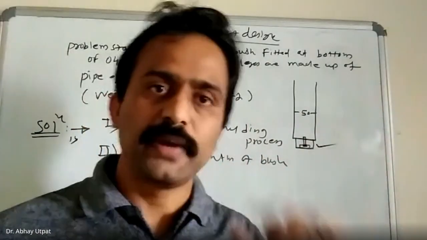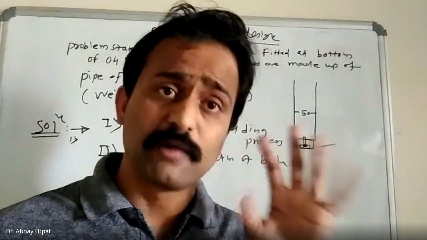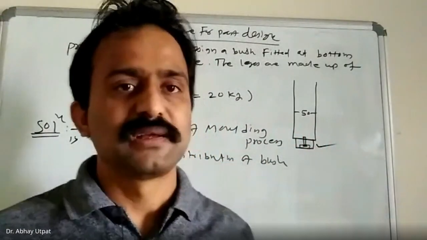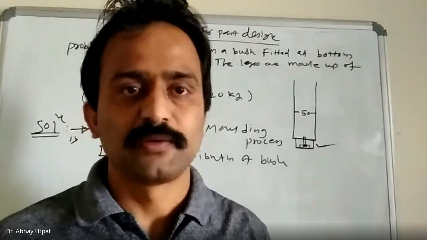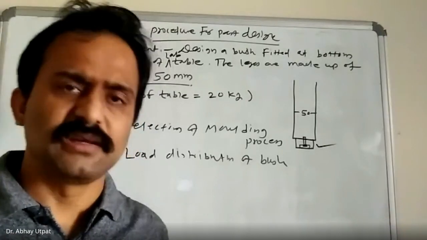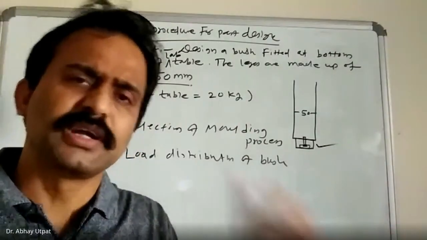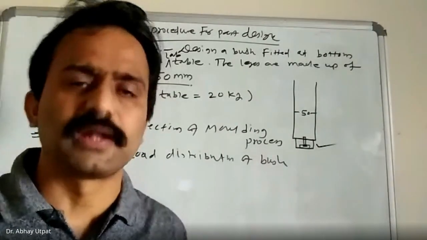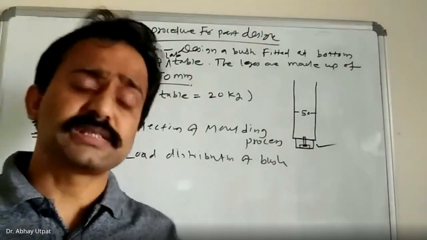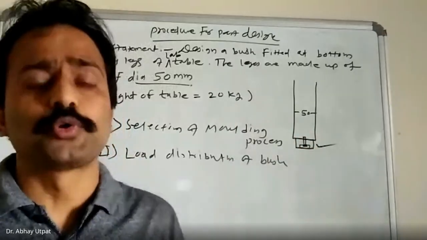So you can divide that on each leg, there will be 5 kg load. But you are not going to keep the table empty. It is a laboratory table. So assume that some load you are going to put on that table. Let us take maximum. Let us assume that some 30 kg load you are going to put on that table.